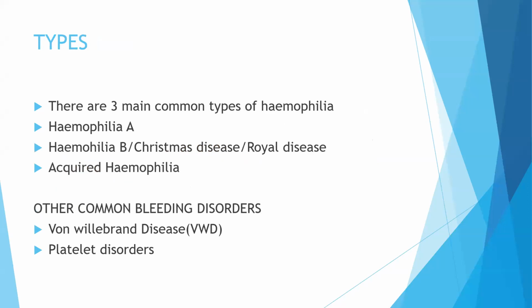Types of hemophilia. There are 3 types of hemophilia, but we have other common bleeding disorders that are always confused for hemophilia. The main types are hemophilia A and hemophilia B, which is also called Christmas disease or royal disease. It is Christmas disease because it was first diagnosed in 1952 in a 4-year-old called Stephen Christmas.